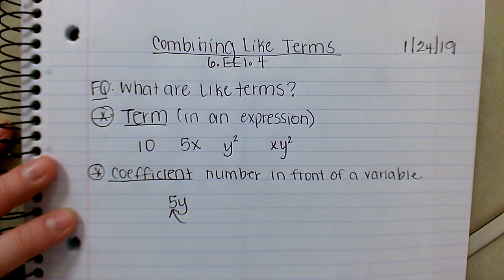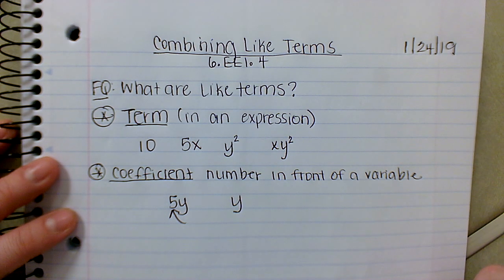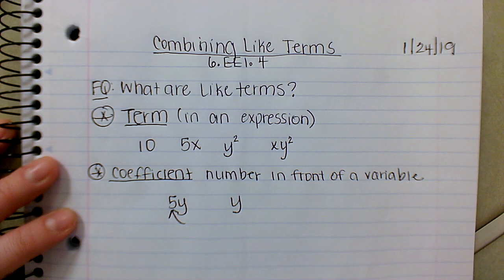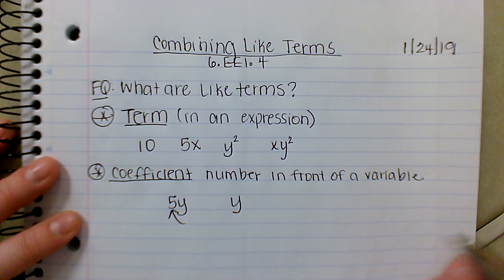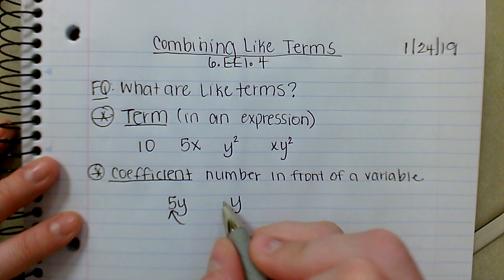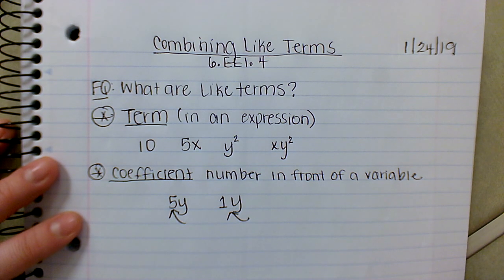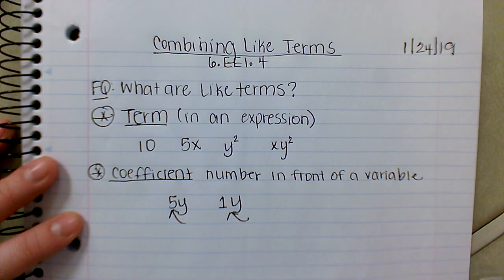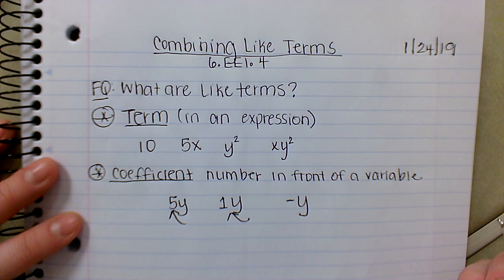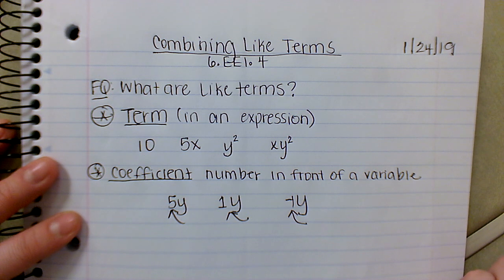Five. What about, in this example, what is my coefficient? Nope. Y is my variable. No, if it was 0, there wouldn't be a y there. 1. Remember, 1 is understood to be in front of any variable that doesn't have a number in front of it. Alright, what if I say negative y? Yeah, it's like negative 1. Good.